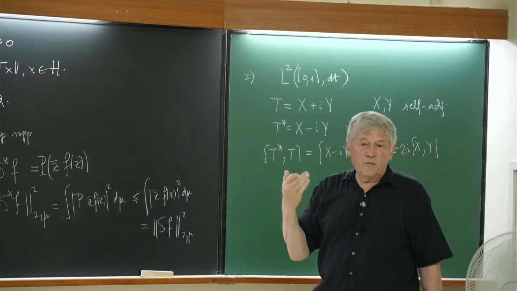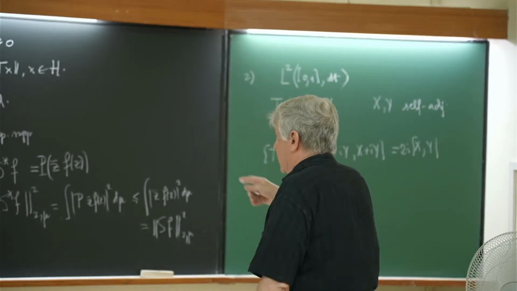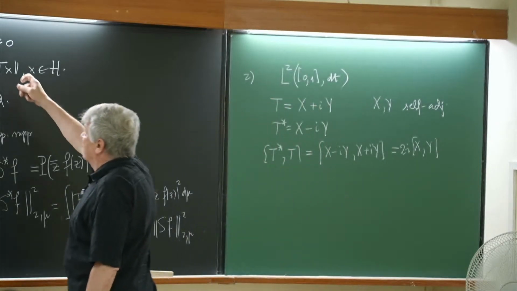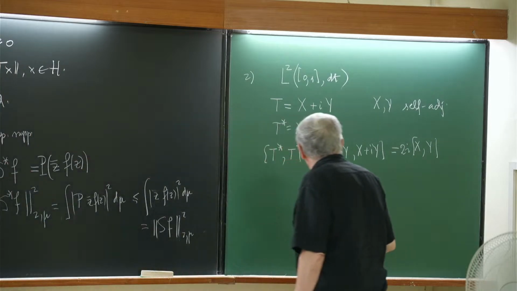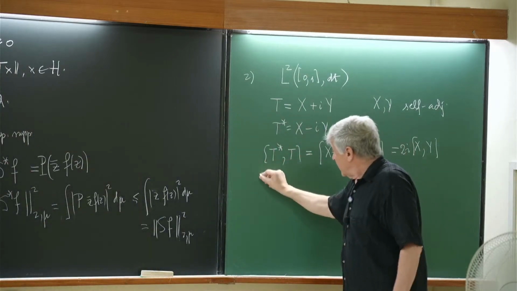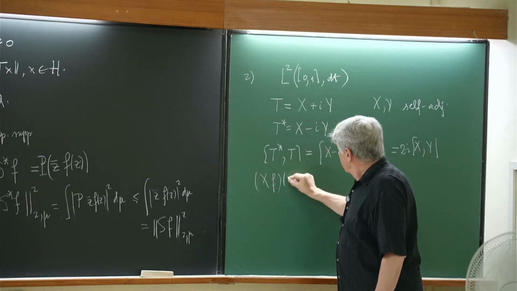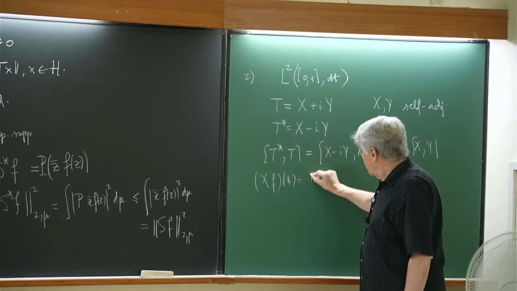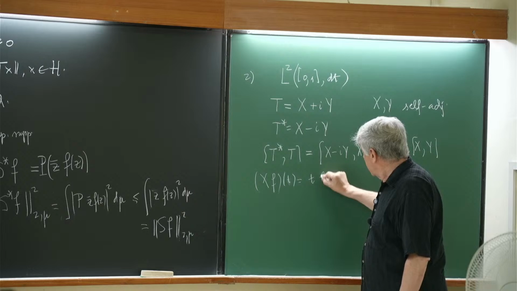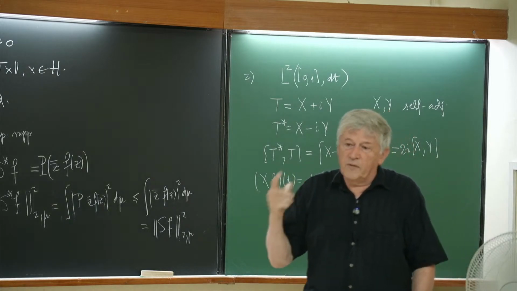So essentially what we are studying here is pairs of self-adjoint operators with a constraint on the commutator. And now, a typical example. Let's take X again, let's say T here, multiplication by the variable, the simplest self-adjoint operator.